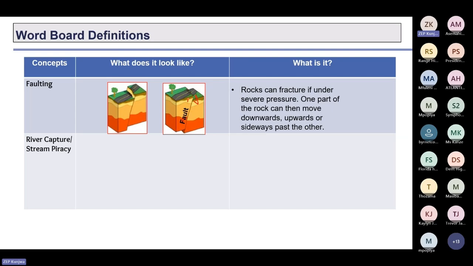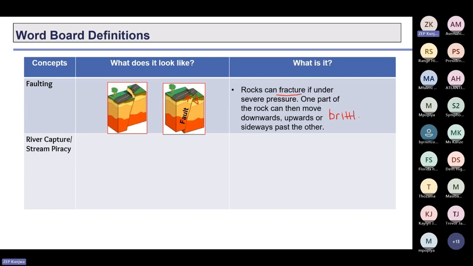When the rocks are fracturing, more especially if you have hard or brittle rocks, you have your ductile rocks which bend, and then you have your brittle rocks, which break. These are hard rocks, which are not going to bend, they are going to break. So when they break, faulting is going to happen.